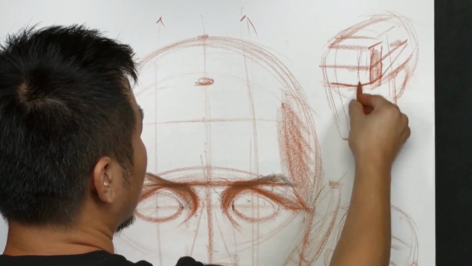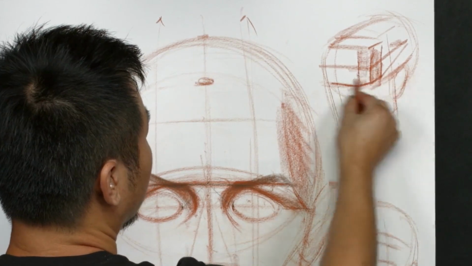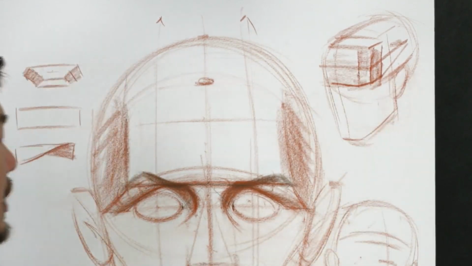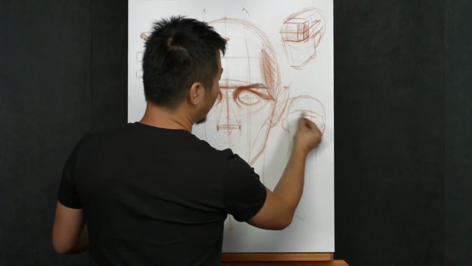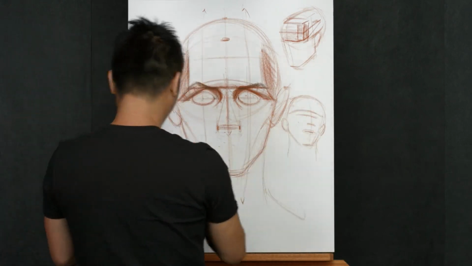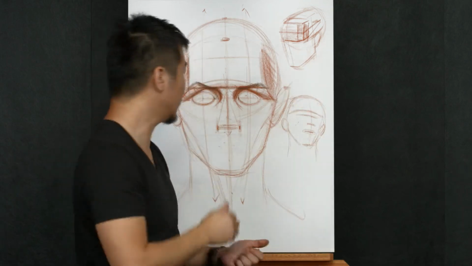That's actually how the head is. Otherwise, you can end up with a very wide-looking forehead. The forehead turns quicker than you think.